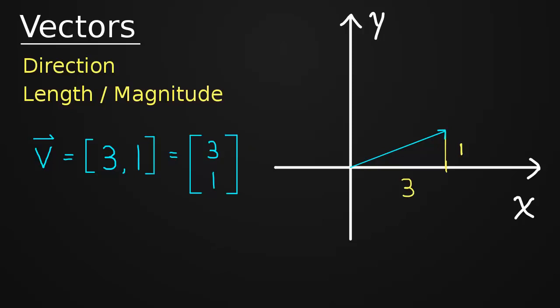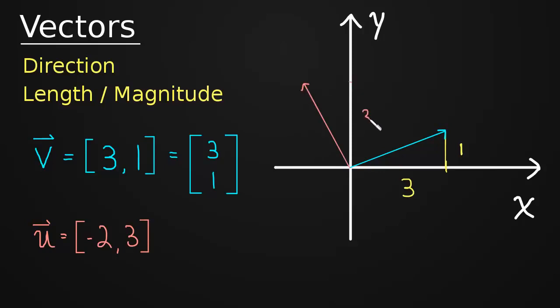Okay, let's look at another example. Let's say the vector u, and let's say it has the components -2, 3. Well, that simply means we're moving over -2 in x and up 3 in y. So maybe something right around here.